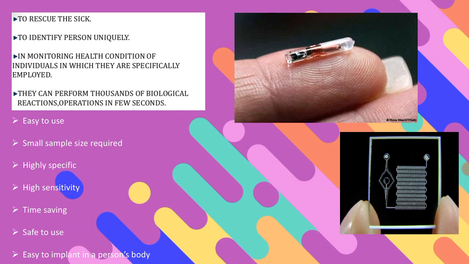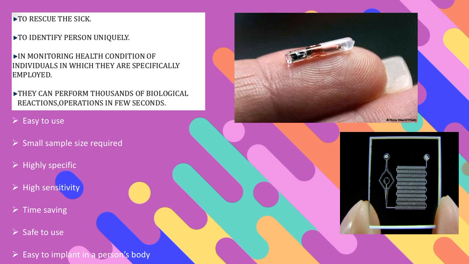Then we can use them to identify the person uniquely, as we can incorporate these biochips inside the person's body. Depending on the various biochemical reactions that take place in our body, and depending on the gene expression, we can identify that person uniquely.